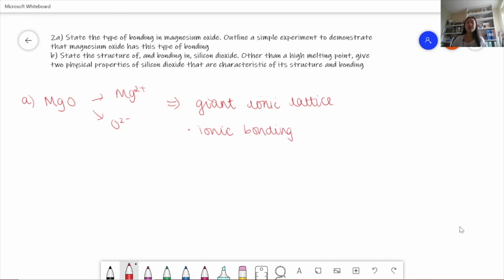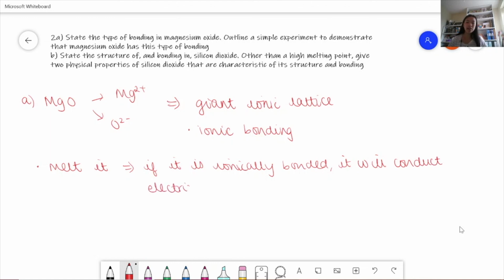And one way that we can demonstrate this is if we use the knowledge that things that are ionically bonded only conduct electricity when they're melted. And so the simple experiment that we can do is just to melt it, and if it is ionically bonded, it will conduct electricity, because then we'll have free ions which can carry the charge, compared to when it's solid, it doesn't conduct electricity because all the ions are fixed.